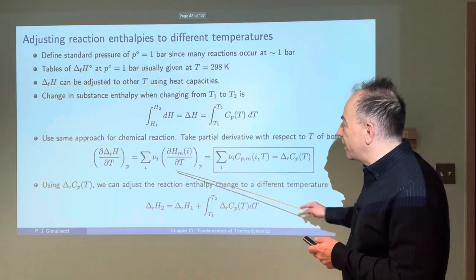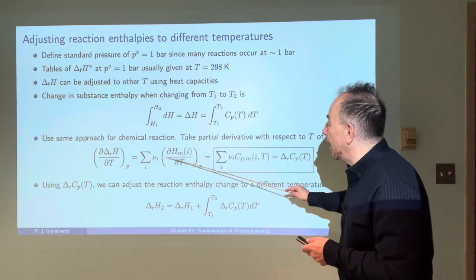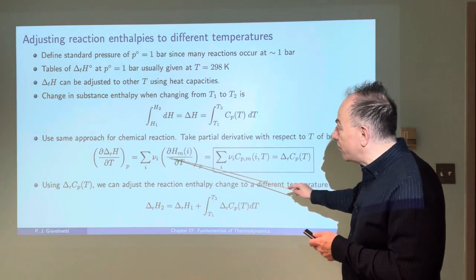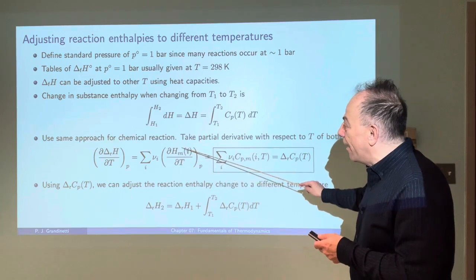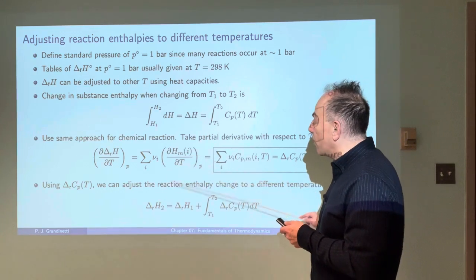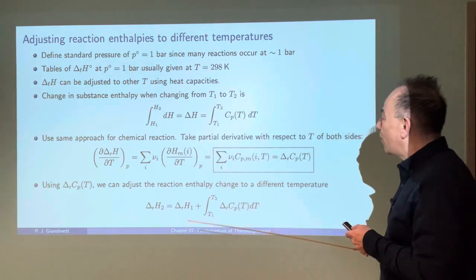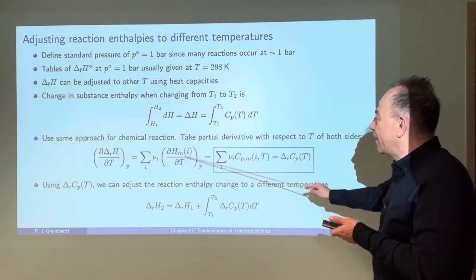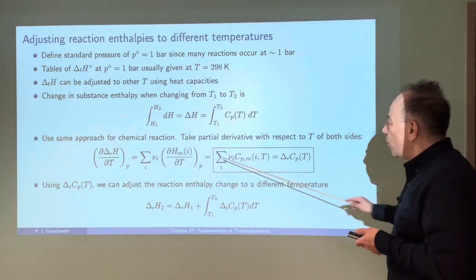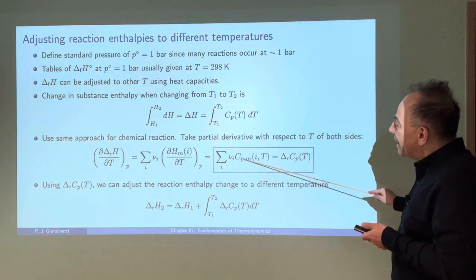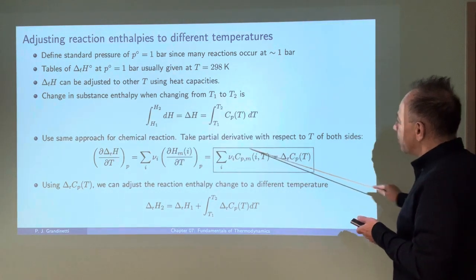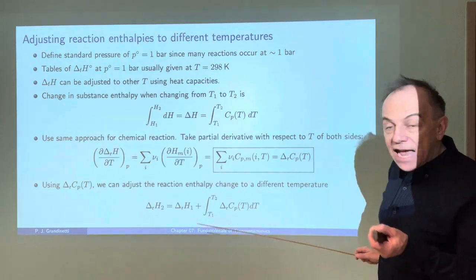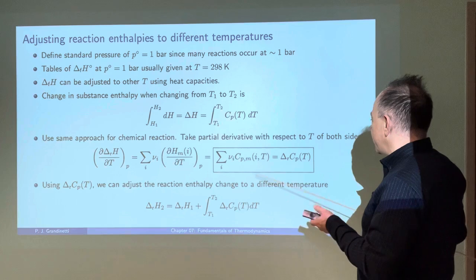I'm going to write the derivative of that delta H in terms of the sum of all of the stoichiometric coefficients times the partial derivative of all the molar enthalpies with respect to temperature at constant pressure, which we recognize as the constant pressure heat capacity, and so we can replace that with Cp. This gives us an expression which tells us how to adjust the heat capacity of the reaction from one temperature to the other.